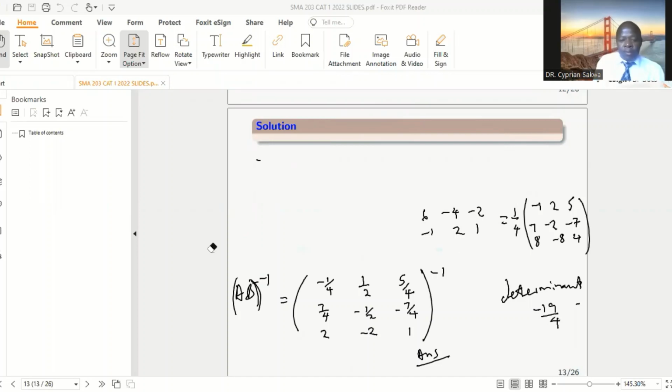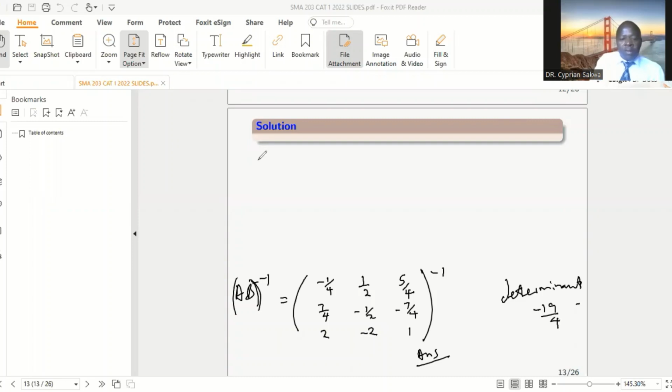You can use the row reduction method. Or if you don't want that, you can use the adjoint method, where you have the determinant first of all, and then get the cofactor, and then get the adjoint. Then 1 over determinant times the adjoint gives you the inverse.